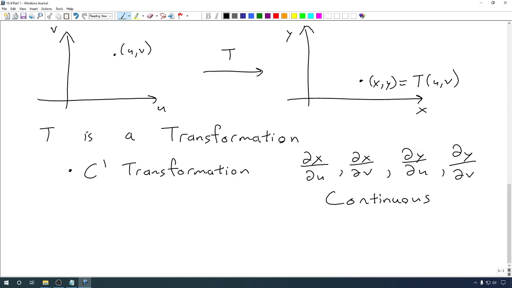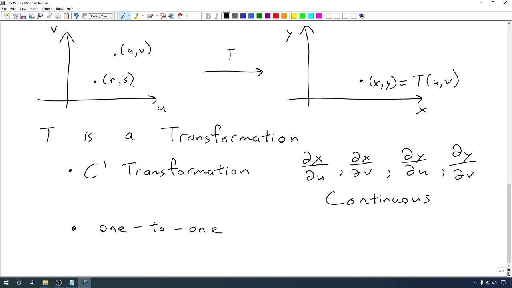The other condition here that is also going to be a little bit lax, we're not going to be super concerned about it, but we'll kind of assume here that things are going to be one-to-one. That means a point over here, a point (x, y), for a general function T that does something like this, maybe there could be some (u, v) that maps to it, but also say, let's just use different letters, (r, s).